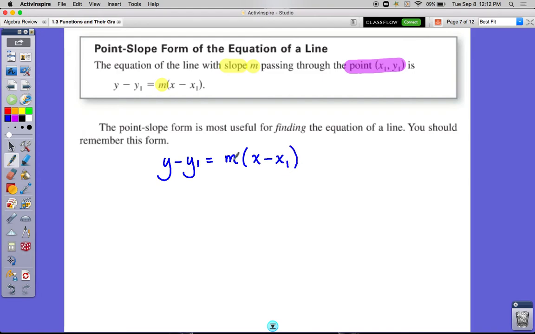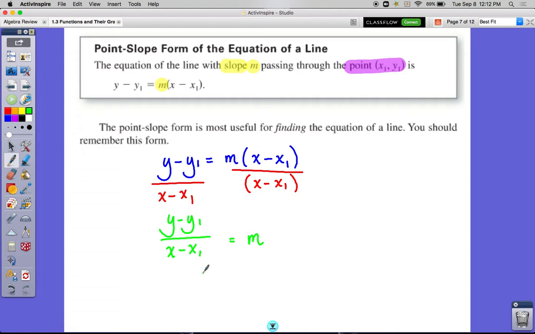So if I'm trying to get m by itself, I'm trying to get this guy here to stay. I'm going to divide both sides by anything that's not m, and I can use a whole parentheses that way. When I do that, divide both sides by whatever is being multiplied to m, it's going to leave me with m on this side, and it's going to leave me with y minus y1 over x minus x1 on the other side.